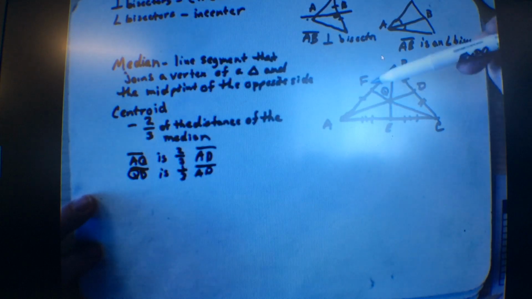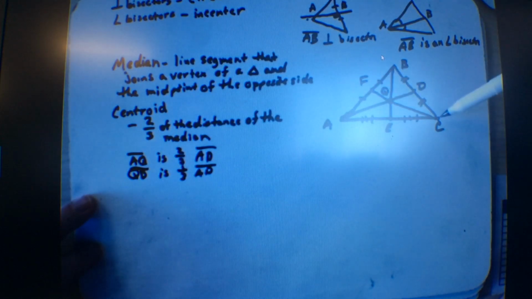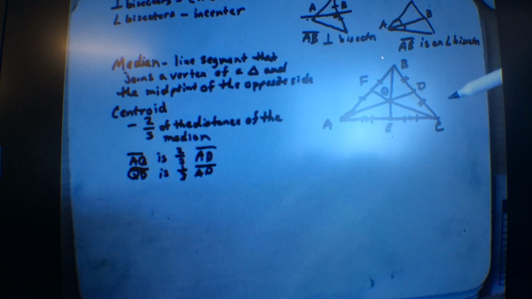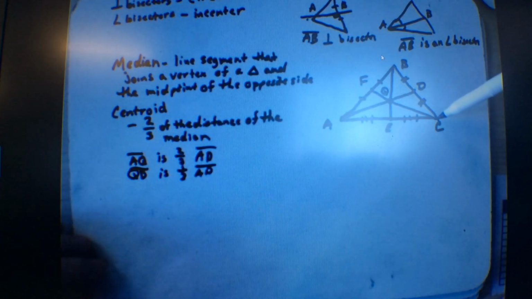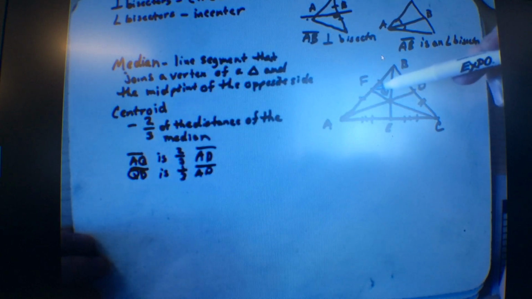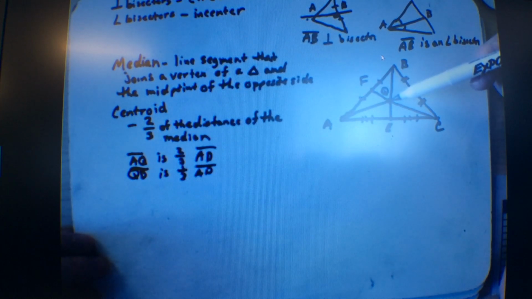This is a trick question. FQ of FC. 1/3. I went backwards, didn't I? And it's from C to Q, it's 2/3. How do you know if it's 1/3 if the picture doesn't show it that way? Well, you go from the median to the centroid, it is 2/3. And from the midpoint to the centroid is 1/3. Okay? Does that make sense to you?